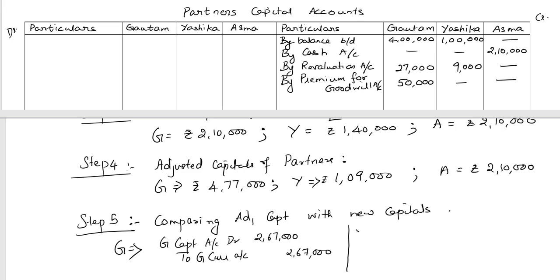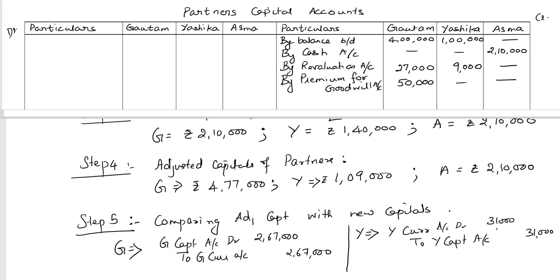And in the case of Yashika, the adjusted capital is less than the new capital. So Yashika's current account debit to Yashika's capital account for the difference, which is 31,000 rupees. So we insert these in the partners' capital account in the first half of the screen.